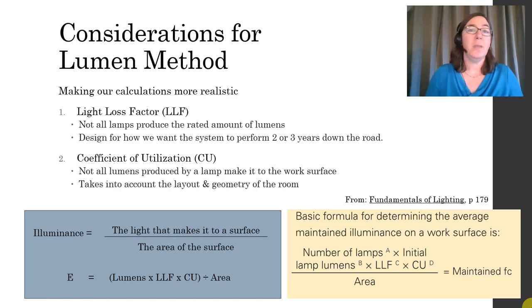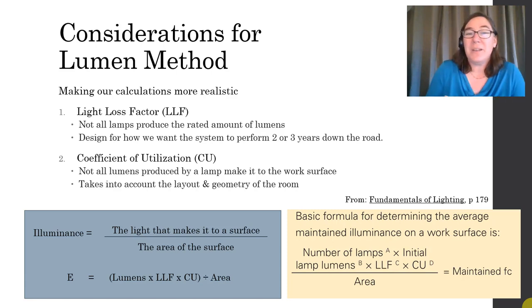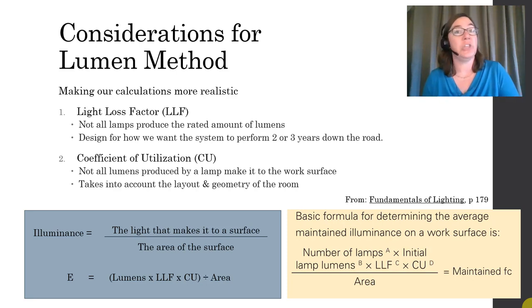The coefficient of utilization takes into account the fact that not all the lumens produced by a lamp actually make it to the work surface. They bounce around the room, and they might be absorbed by some of the different surfaces. This factor takes into account the layout and the geometry of the room that your luminaire is in.